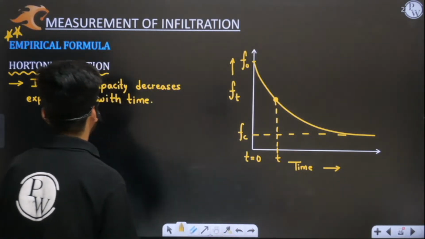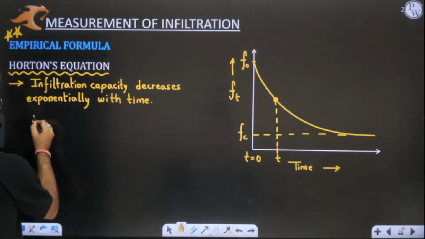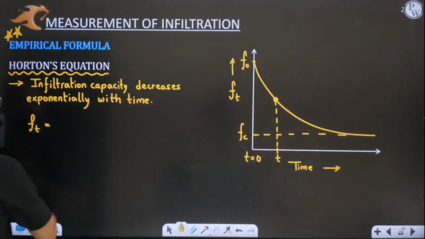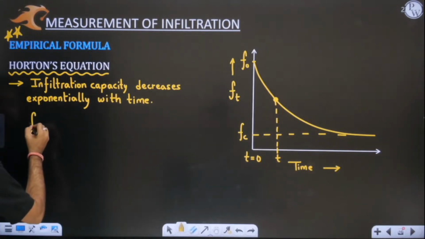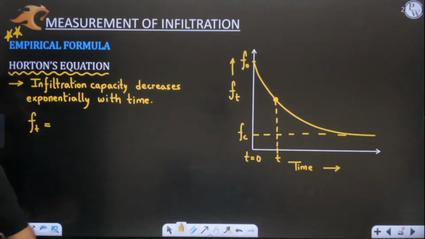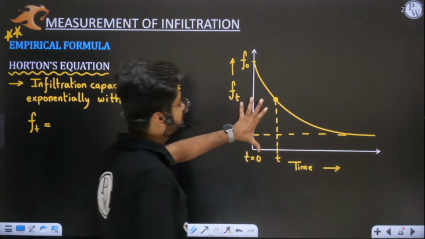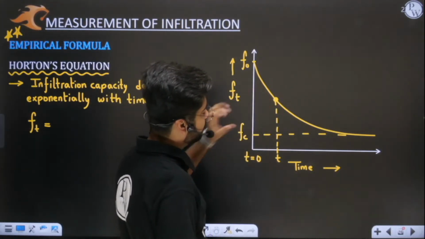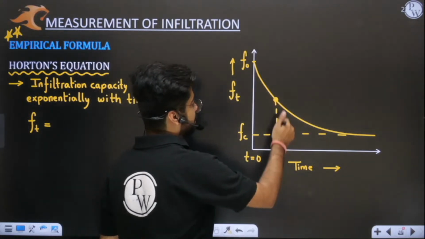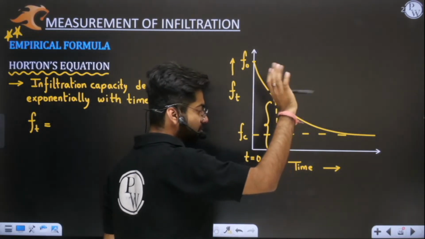So according to Horton, he gave an equation. ft equals what? This is ft. Listen very carefully. See, ft is fc plus something. This total thing is ft. Yes or no?